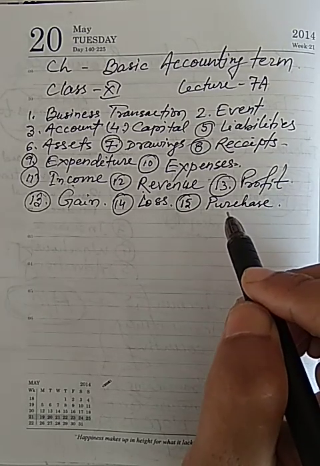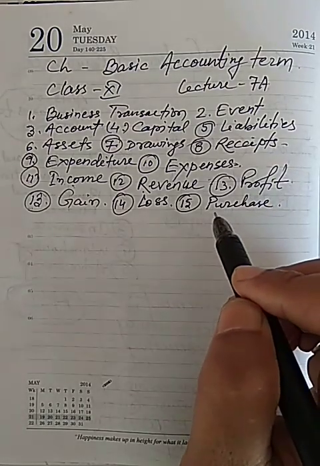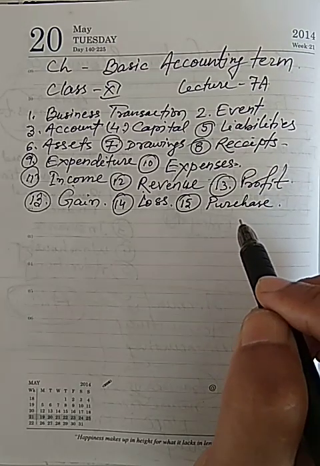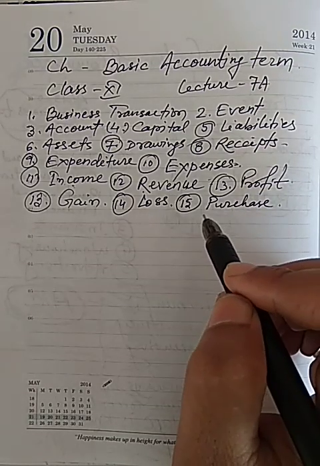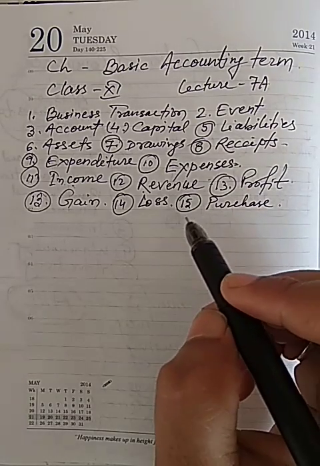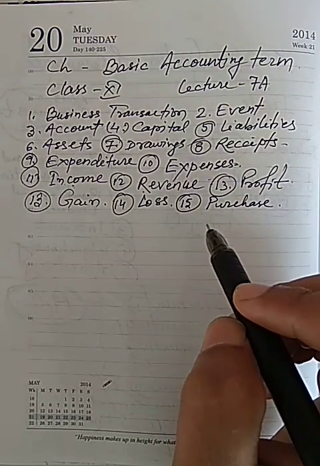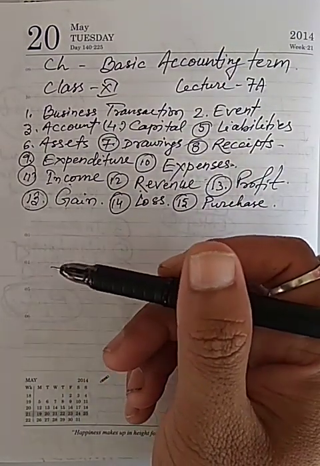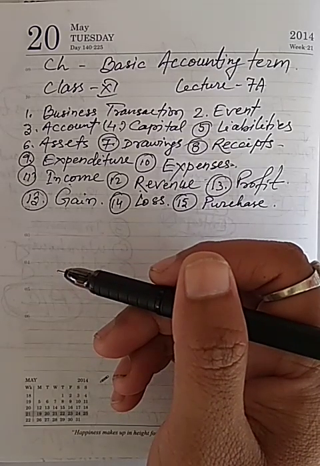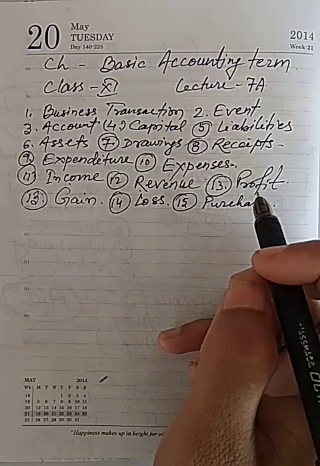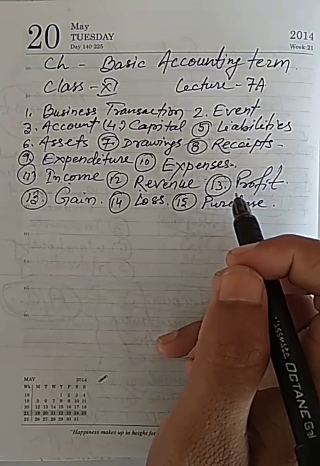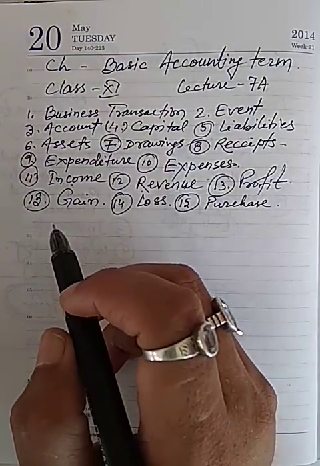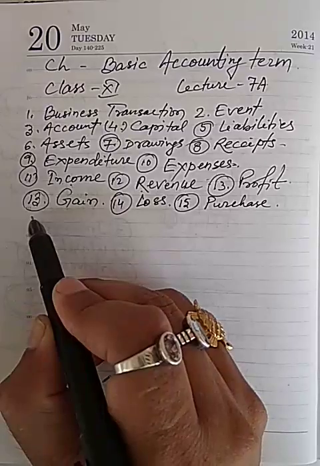However, if the same cloth dealer purchases furniture for seating the customers, such furniture will not be termed as goods, but it will be an asset, and a separate account named furniture account will be opened for it. The term purchase includes both cash purchase and credit purchase of goods. Now next point is sale.